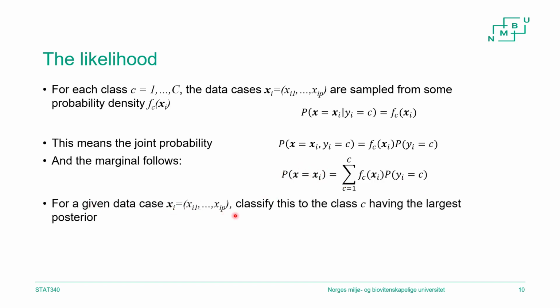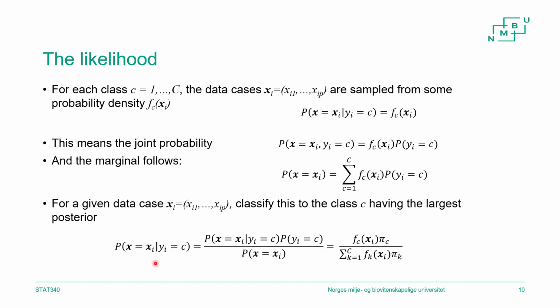For a given data case, we can now classify to the class C having the largest posterior, where the posterior is copied from the previous slide, and now I just rewrite it in a new way. We have the density function describing the likelihood, as we saw up here. We have the prior probability written as pi c, and we have the probability of the data as this sum here.